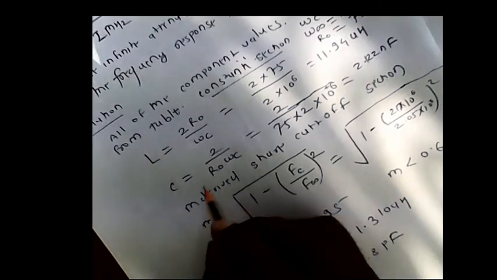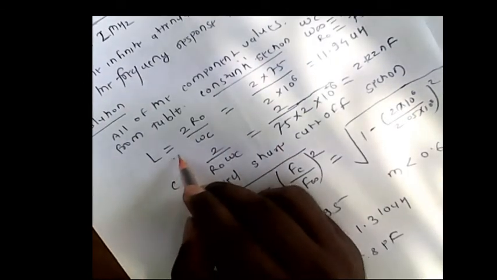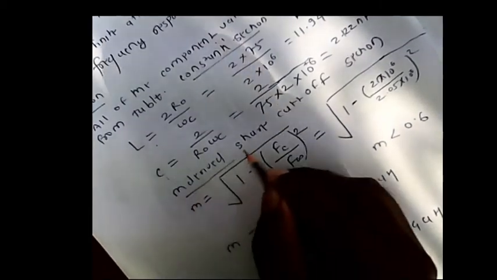We put the values of L from the constant K section filter and C from the constant K section filter. Then we can also derive the value of (1 minus m square) divided by 4m into L, 12.94 microhenry. These are all the sections for the m derived sharp cutoff, to be remembered.